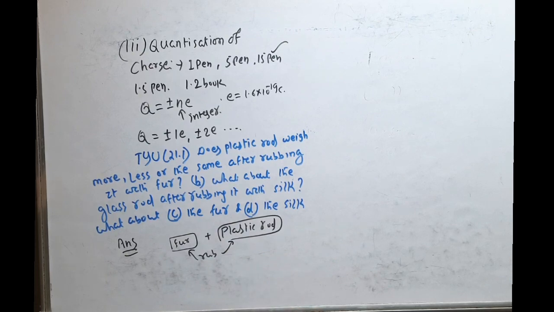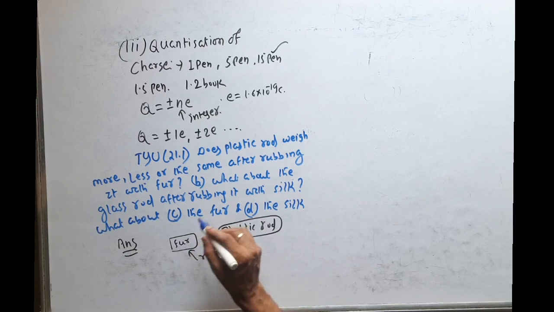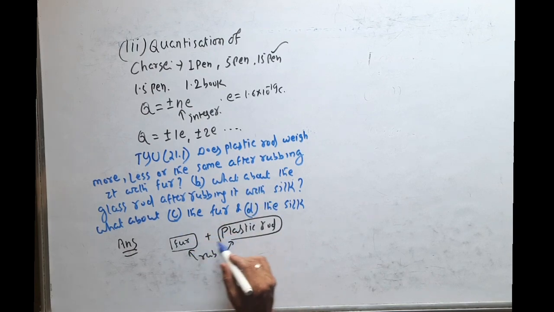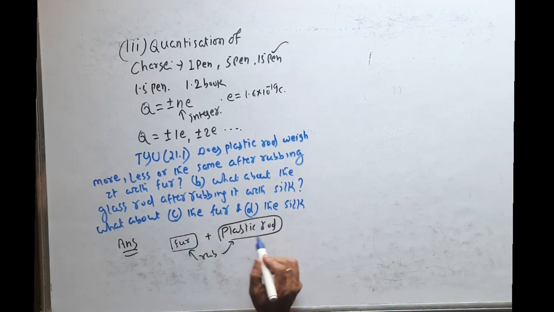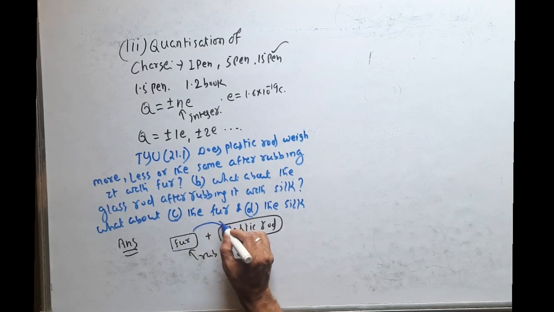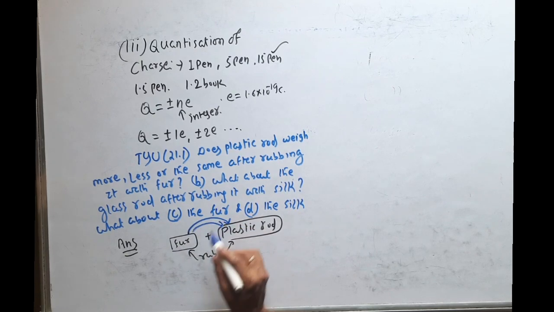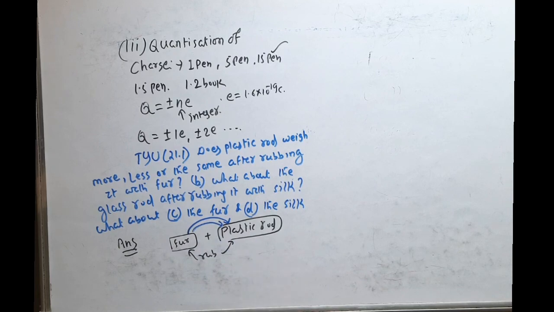I have already discussed this in the previous example. Some electrons will transfer from fur to plastic rod. That means the plastic rod will become negatively charged, and the fur will become positively charged.